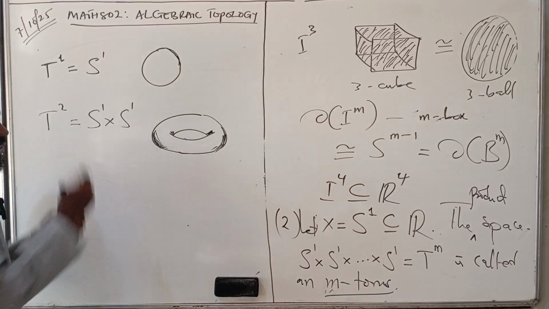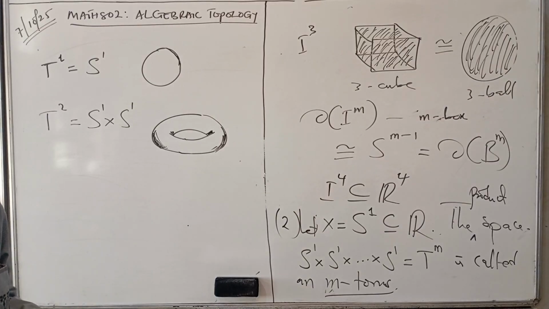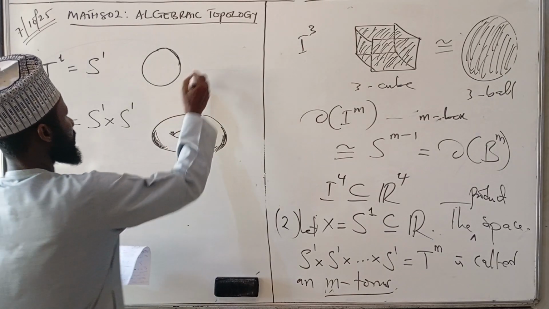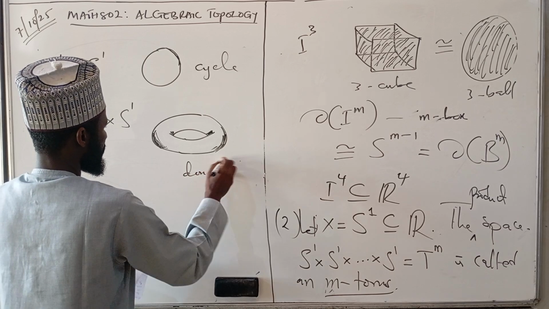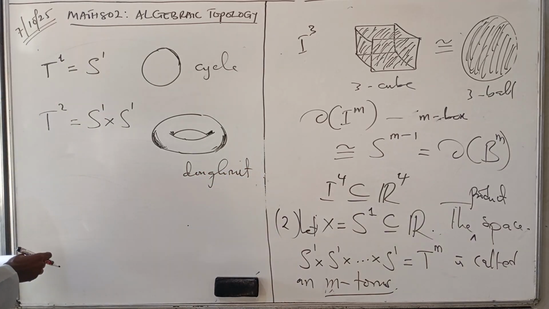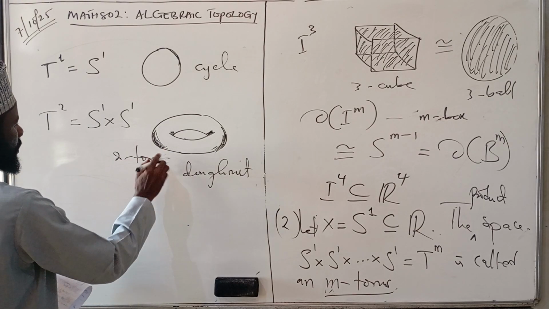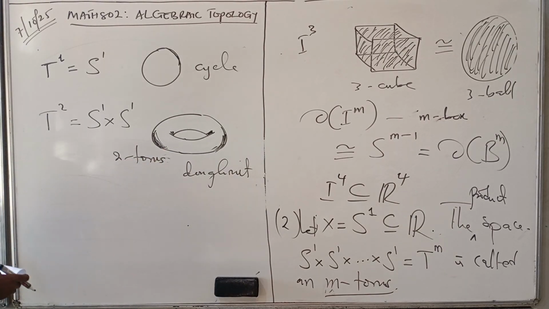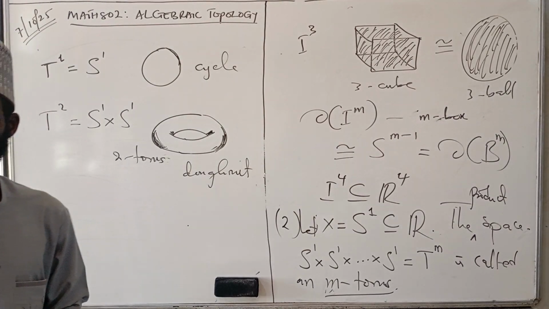Of dimension 3, I cannot draw. This is as far as I can go. This is called a two-torus. We are going to look at other ways of constructing this space.